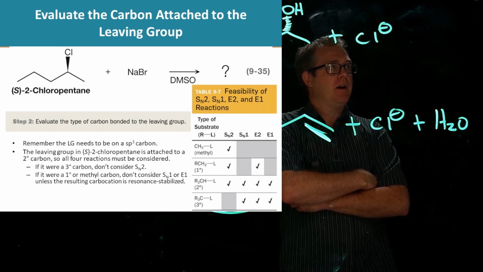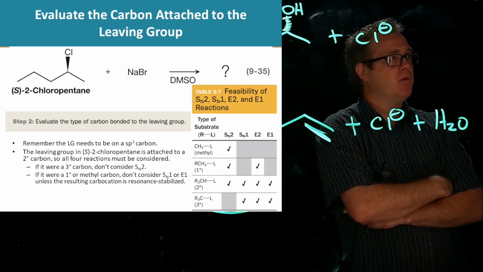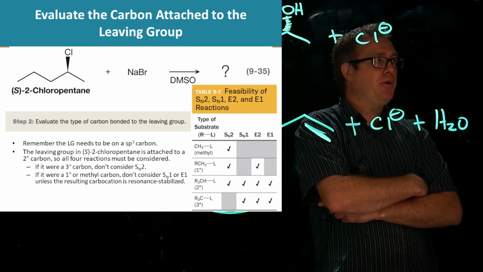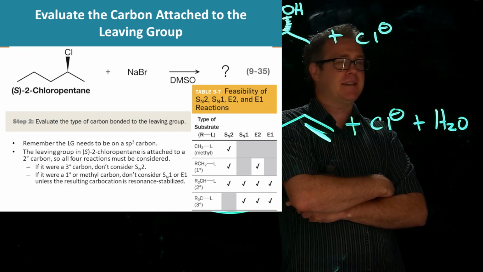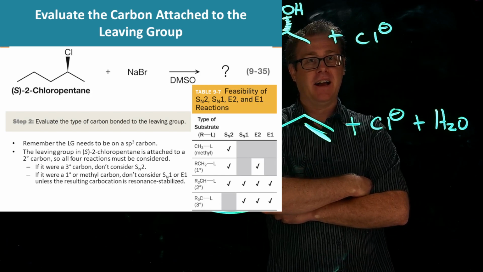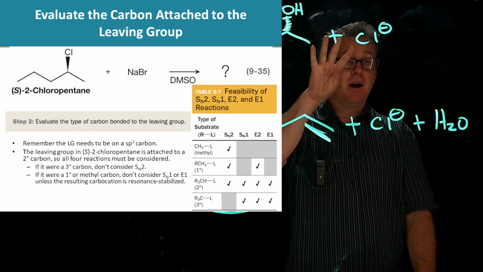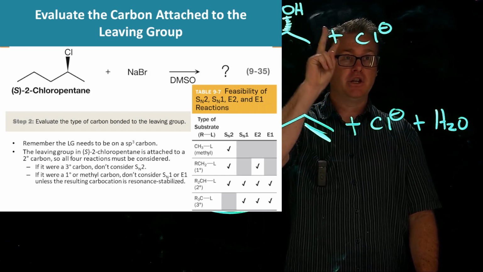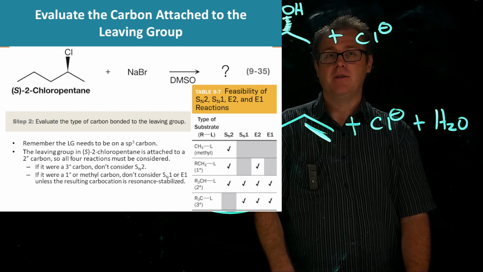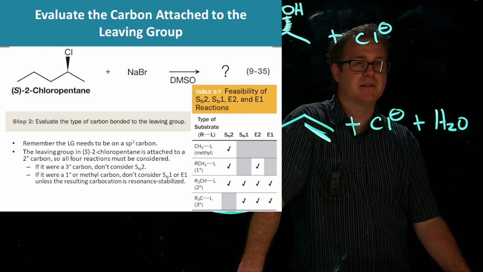Okay? But you can see on that chart as well, what if our molecule was only a primary alkyl halide? Then our only two options are going to be a SN2 and an E2. If it's a primary alkyl halide, our job is easier because we went from 4 possible mechanisms all the way down to 2 just looking at step 2. But I've chosen a harder problem to illustrate this.